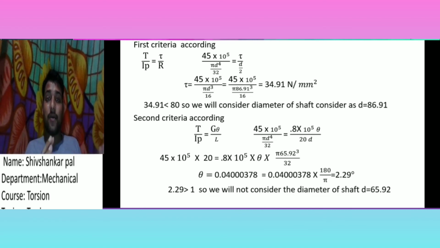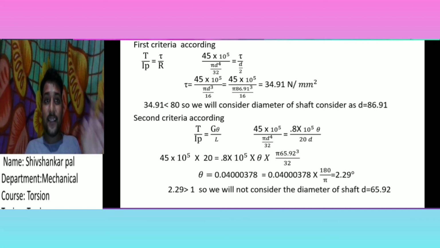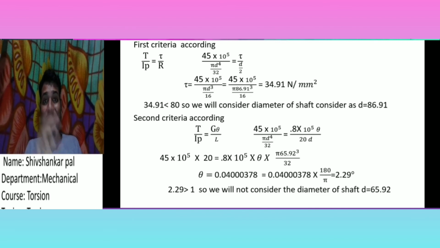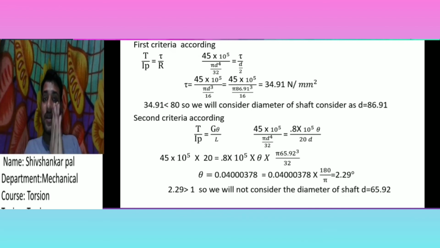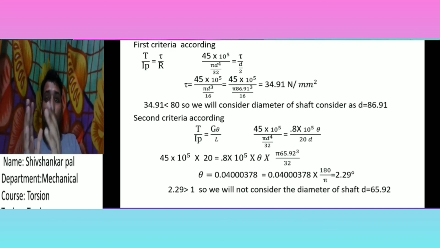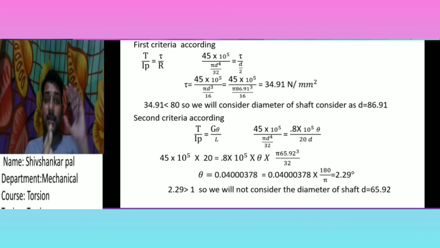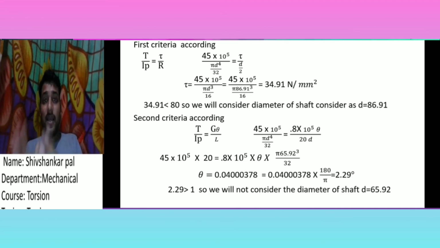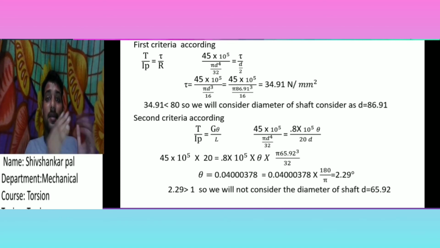The first part is our strength criteria, the second one is the stiffness criteria. T by IP equals tau by R is considered the strength criteria, and tau by IP equals G theta by L is considered the stiffness criteria.